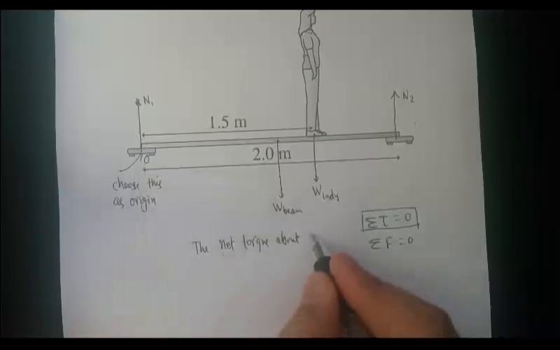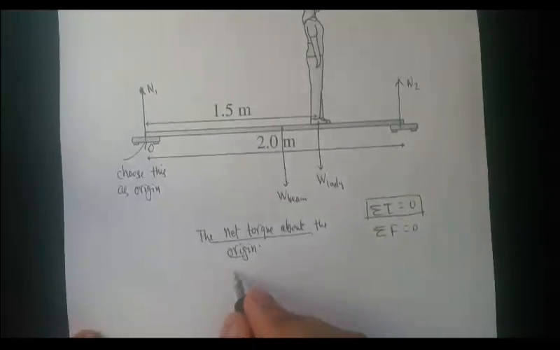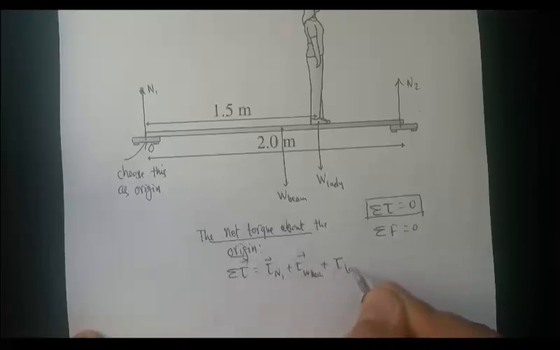So the net torque about the origin we have just chosen, sigma tau, is torque due to N1 plus torque due to the weight of the beam, plus torque due to the lady, and plus torque due to N2.